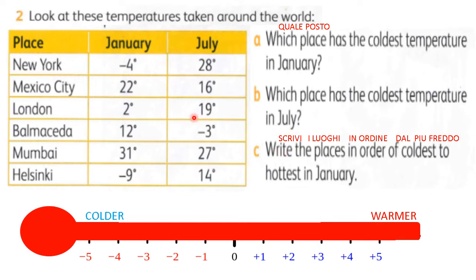So look at the cities, the table, column for January, the column for July, and answer questions A and B. C. Write the places in order of coldest to hottest. So start with the coldest city and finish with the hottest city.